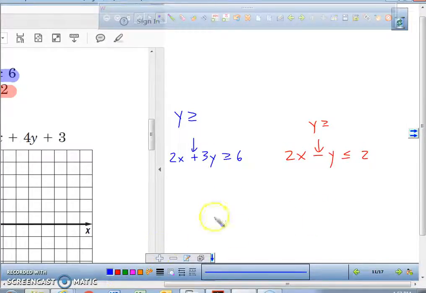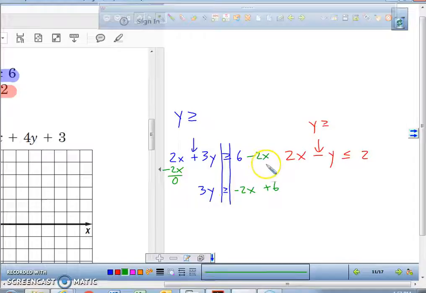All right? Now, let's solve this one first. To get rid of the 2x right here, you could either just throw it across and make it negative, or you could subtract 2x from both sides. You're left with 3y is greater than or equal to negative 2x plus 6. Notice all I did was just move that up front. Okay?